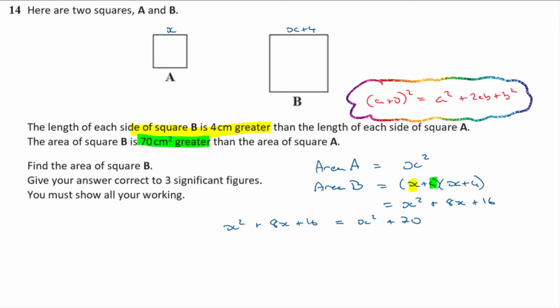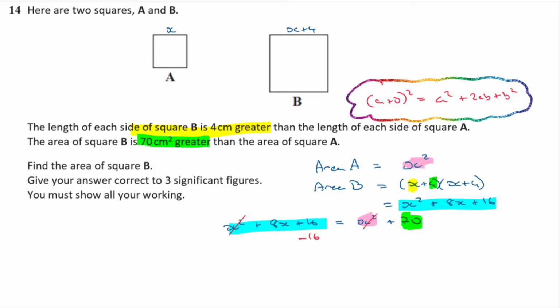So this thing is equal to this thing, add this thing. So you can see where all the bits came from. Right, so straight away I can cancel these off because x squared equals x squared, so they can disappear. And then I just need to solve it. It's a linear equation in x that I can solve.